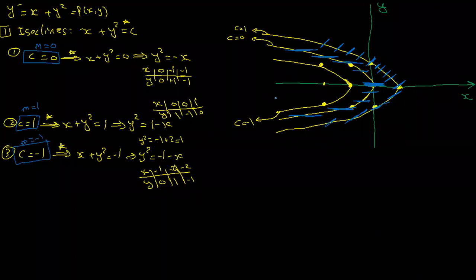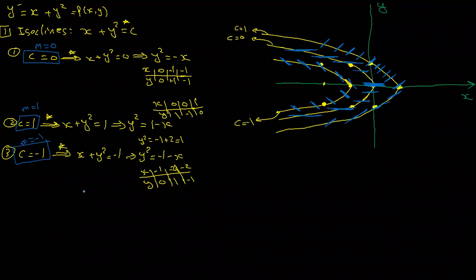M equal -1 is the bisector of the third quadrant, so it will be like this. I always advise students, when trying to solve problems like this, to use a big scale, to make it easier to understand.